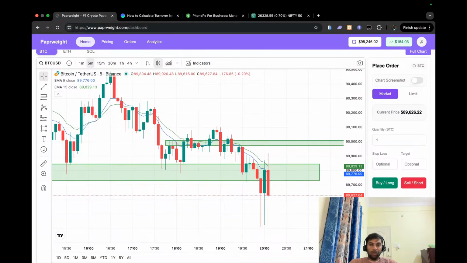Fourteen more seconds to go, guys. 10 more seconds. The closing of this candle is really good, and that means that we can literally bet in the downward direction.